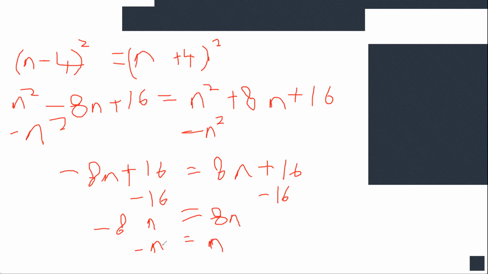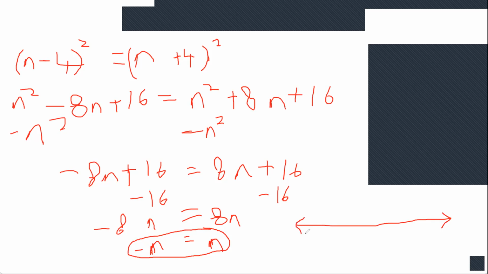Then we have to ask ourselves, what value of n is this true for? If this ever comes up, where you have negative n is equal to n, this is only true for one number. So that you remember this, I'll give you some visual stimulus.